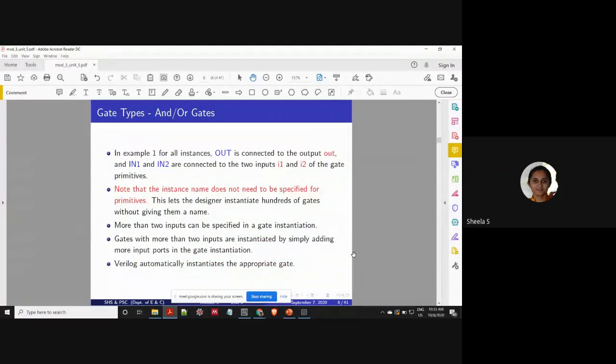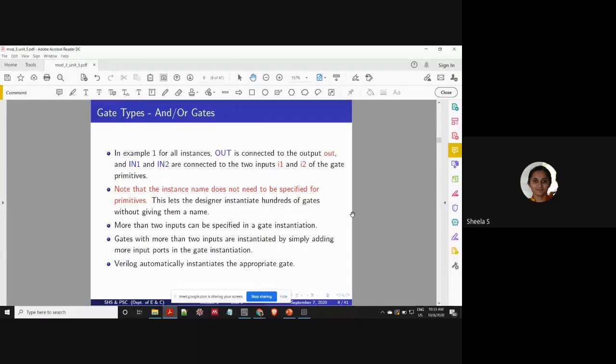So that is what I have explained here. In this first example, out always represents the first port, and the remaining ports represent inputs of the gate. The instance name is not mandatory for primitive gates. If you want, you can add it.